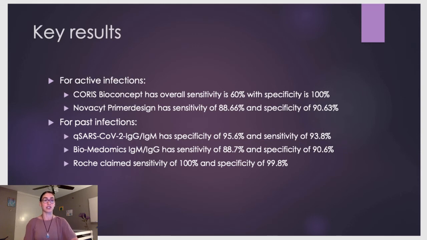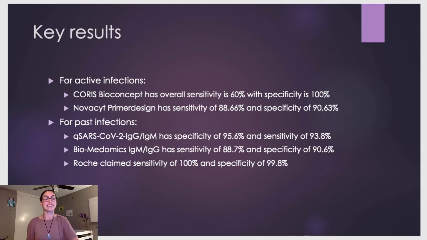For active infections, Chorus Bioconcept had overall sensitivity of 60% with specificity of 100%. Novasys Permer Design has sensitivity of 88.6% and specificity of 90.6%. For past infections, Q-SARS has specificity of 95.6% and sensitivity of 93.8%.